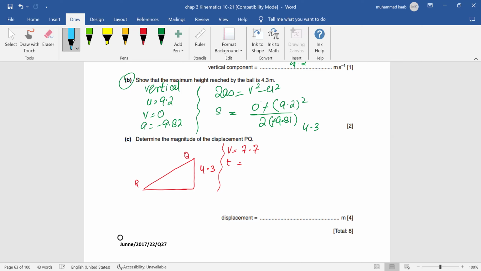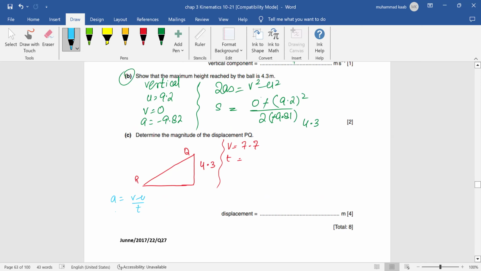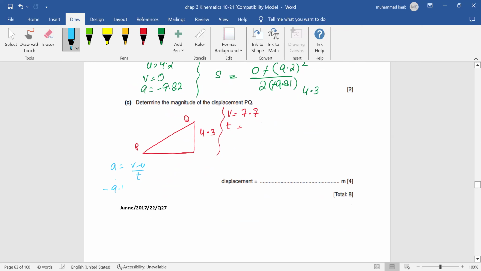We are just interested in time, so I'm taking a equals v minus u over t, and a is minus 9.81. Make time the subject. Consider the initial vertical velocity, because we are using vertical motion. So 9.2 divided by 9.81, and since it is moving up the negatives cancel. So this is your time. How much?